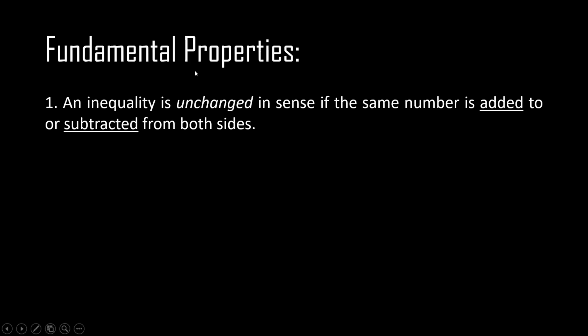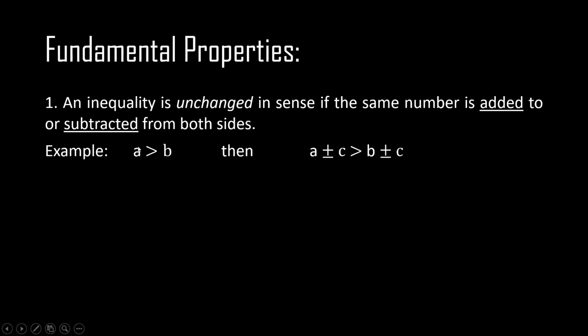So we have the fundamental properties of an inequality. For number 1, an inequality is unchanged in sense if the same number is added to or subtracted from both sides.